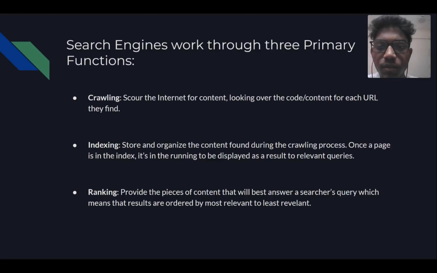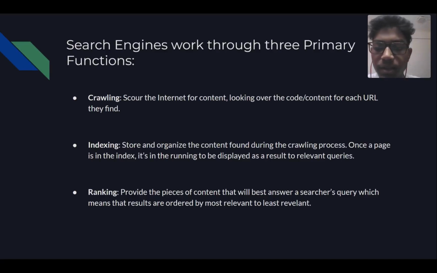Search engines work through three primary functions: crawling, indexing, and ranking. In crawling, they search the internet for content, looking over the code or content for each URL defined. In indexing, they store and organize the content found during the crawling process.